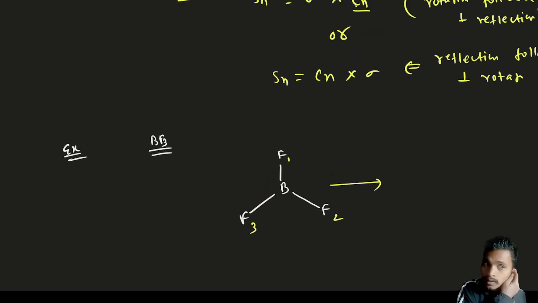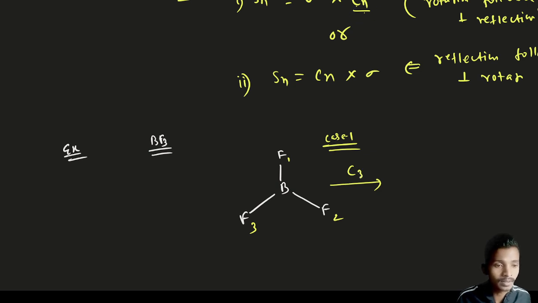Let's say this is case 1 and this is case 2. If I apply case 1, first I do the rotation. Here Cn with the maximum value is the principal axis.